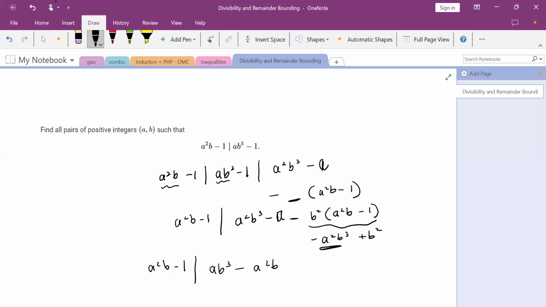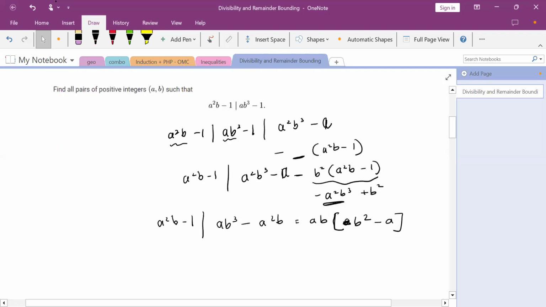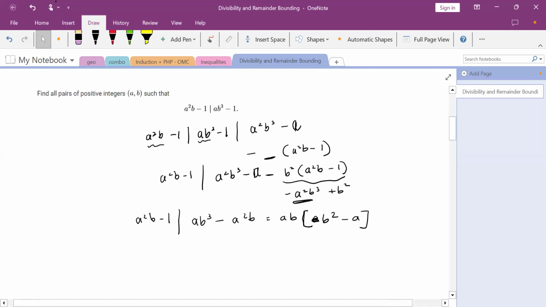So from there it also divides A squared B minus A B cubed. So you took A B common, right? And you know that this is co-prime with A B. Yeah, or what I did was, since it divides this, it divides A squared B minus A B cubed too.